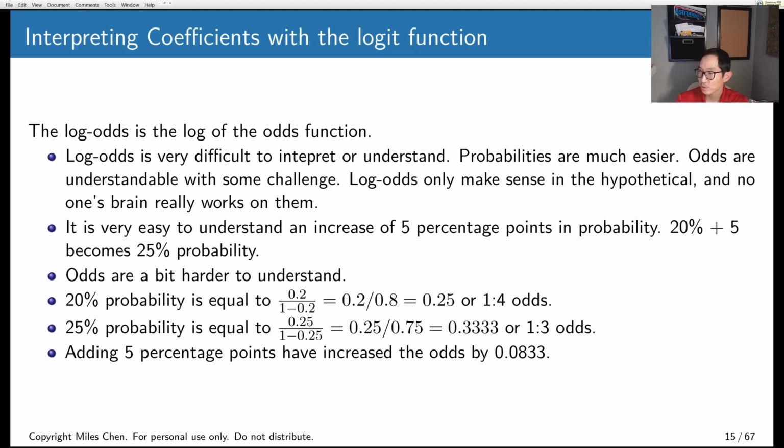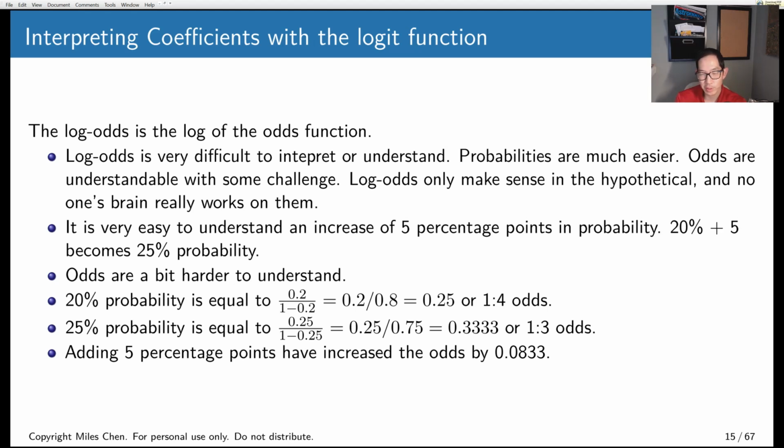But if you stretch before doing your exercise, your probability of success jumps up 5 percentage points. So you go from a 20% chance of success to a 25% chance of success. That's easy.